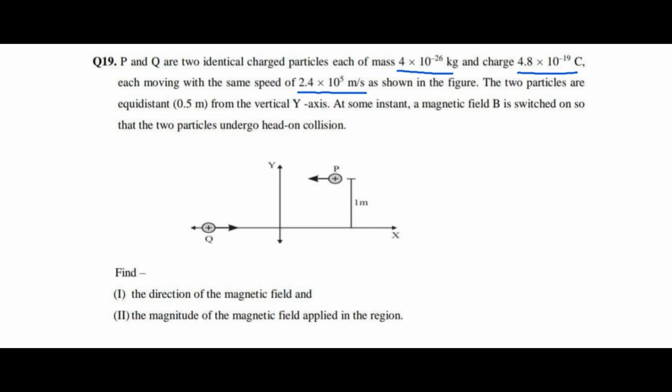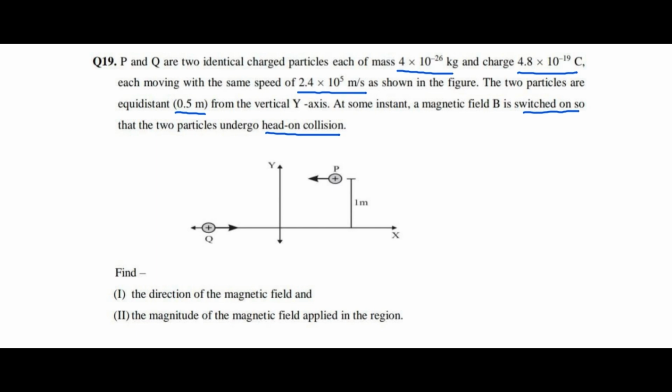The two particles are equidistant 0.5 meter from the y-axis. At some instant, the magnetic field B is switched on so that the two particles undergo head-on collision. Then find the direction of the magnetic field.